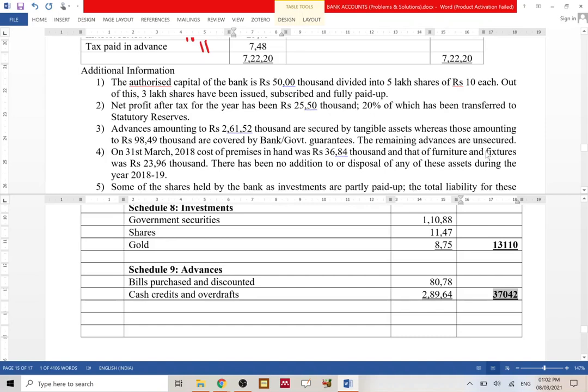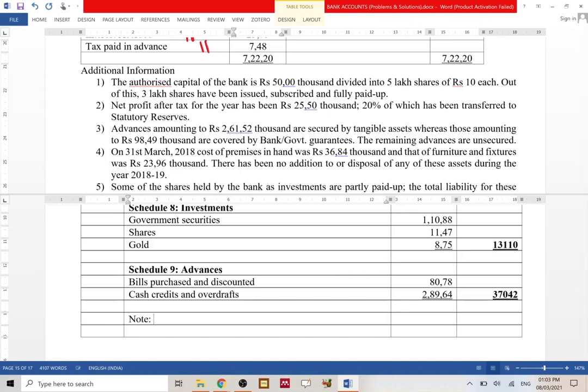So what this tells you is a little more information about these advances: the total advances of 37,042 are bifurcated as this much secured by tangible assets, this much secured by bank guarantees, and the remaining unsecured. Done?